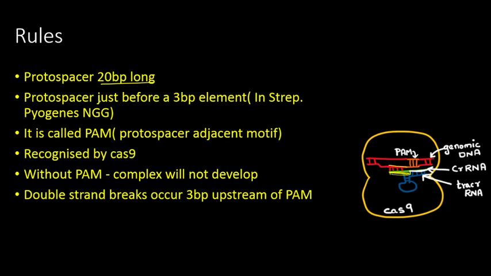Now the protospacer is just before the PAM, and the PAM, in the case of Streptococcus pyogenes, which is the most commonly used bacterium in CRISPR experiments, is always NGG, where N stands for any nucleotide and G for guanine.